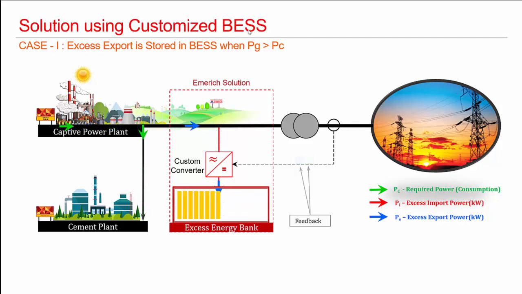In summary, for case 1, whenever in transient conditions the export power is in excess, that excess power will be consumed by this excess energy bank in the system.